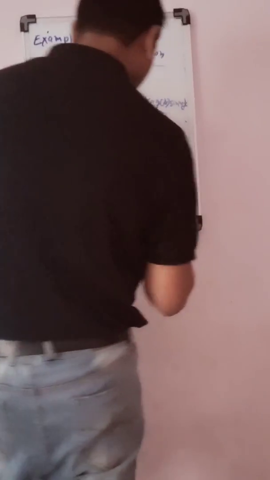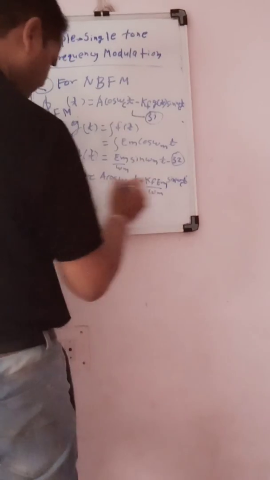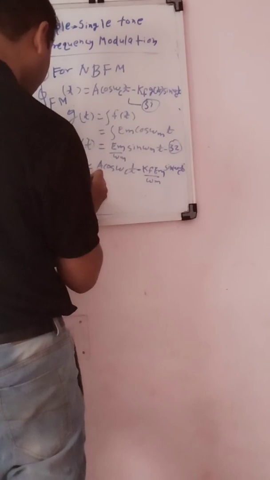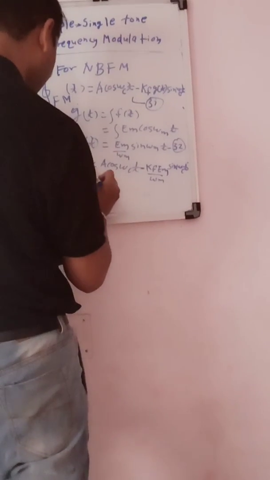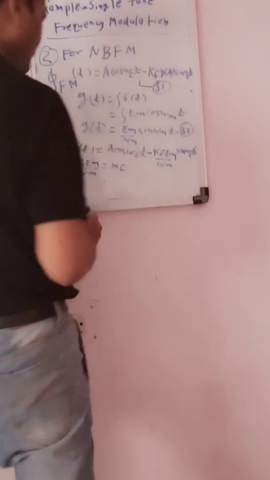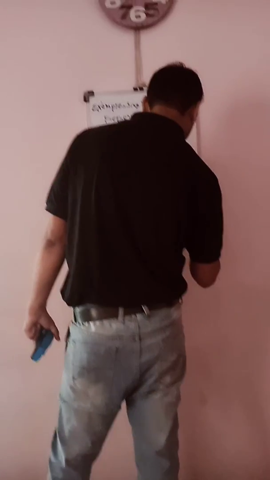Now this kf Em upon omega m is MF. It's equal to MF. So this is equation number 33.